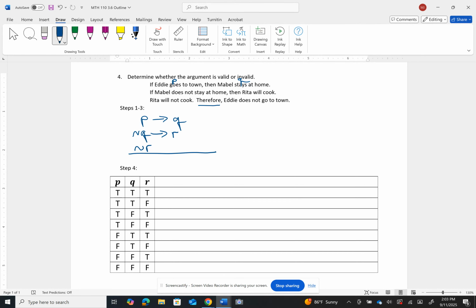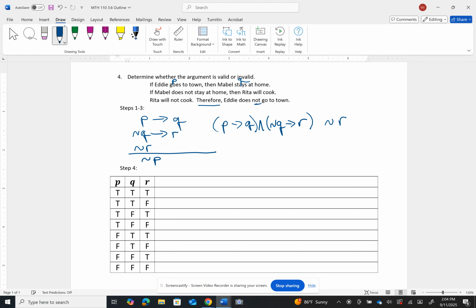Those are the sentences before the word therefore. After the word therefore, we have Eddie does not go to town. So that goes back to the P statement, but it has the not in it, so that would be not P. So now when we're trying to form the one symbolic statement for this, we're going to have P implies Q, not Q implies R, and then not R. Those are the premises.